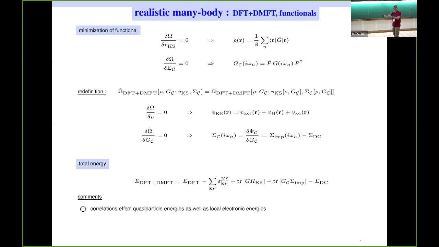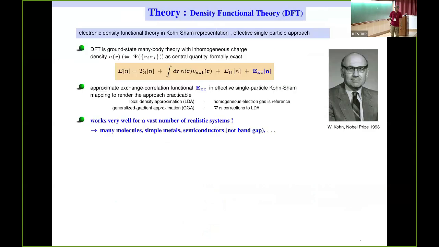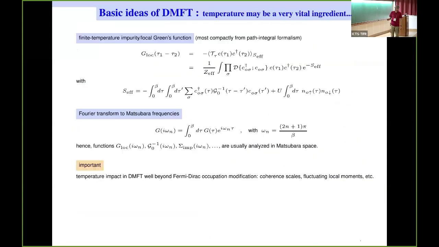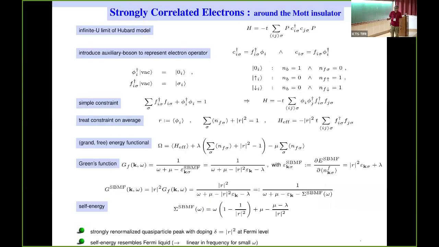Or in a full model sense, you would just go back to the total free energy function that I've written down. If you have defined the Lagrange multipliers, you would also get a total energy or total free energy from this. So either you do this via the full strategy of DFT plus DMFT, and insert the slave boson as an appropriate solver, which describes the self-energy in a limited form, or you go back to this model-like calculation, where you also have access to the energy or the free energy via this functional.